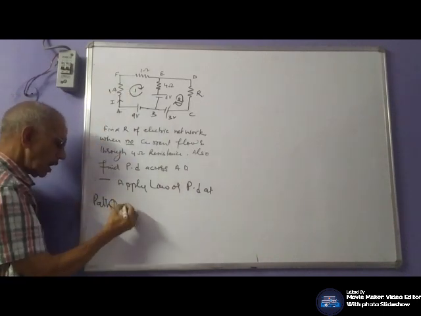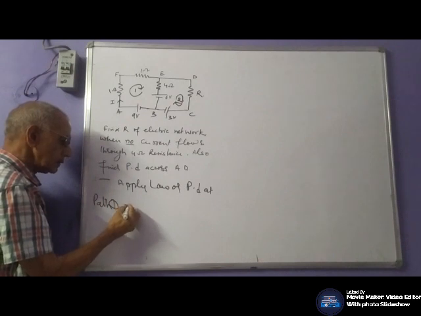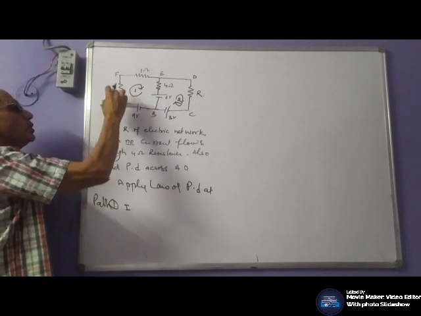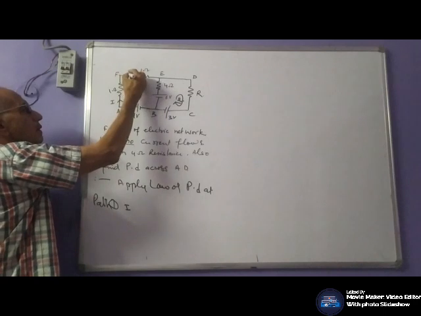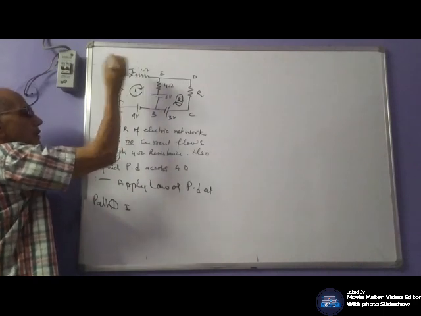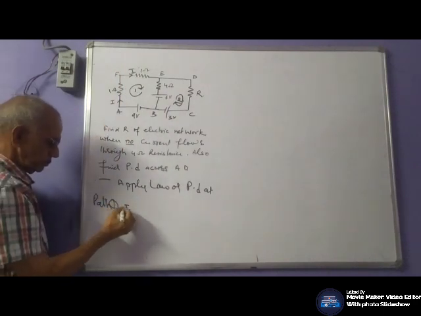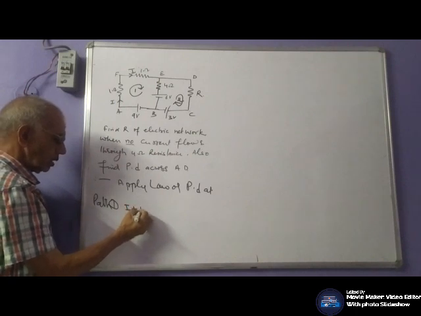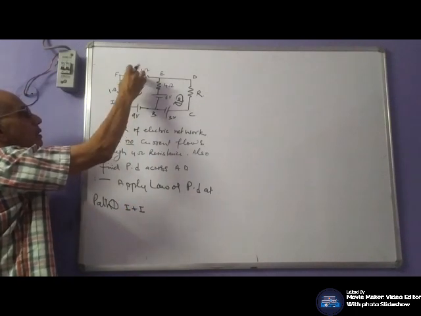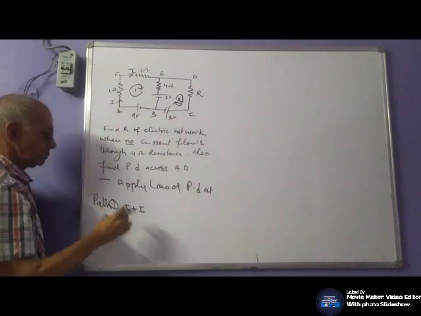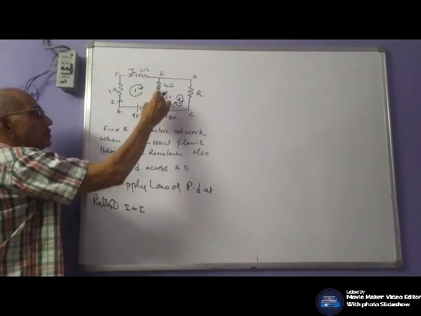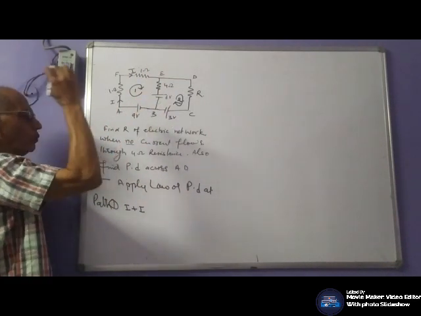Ri, R1I, positive. Ri, here this current is I. R1, Ri, this is 0, I is 0.